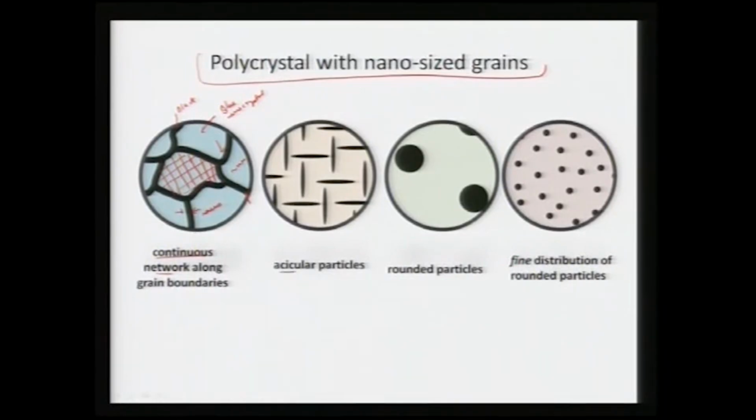In the second case, instead of a continuous network, we can have an acicular, or needle-like, shape of the second phase. Again we have the black phase as the second phase, but in this case we have needles, and needles can have a diameter of a couple of nanometers.